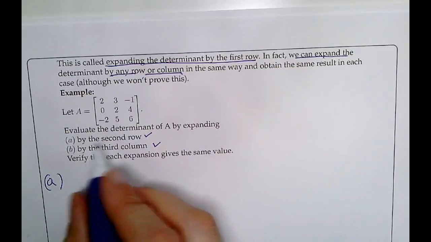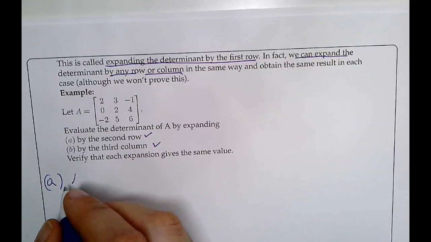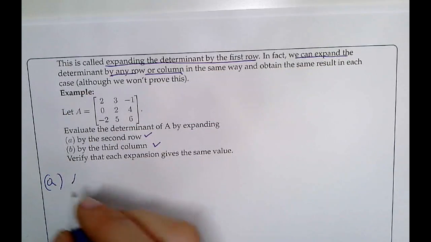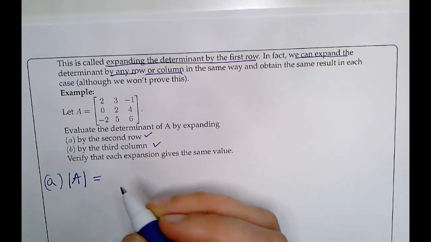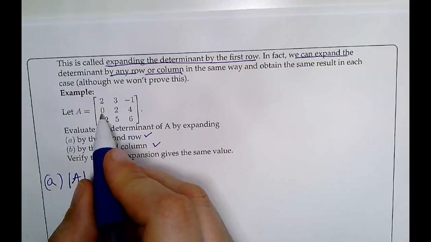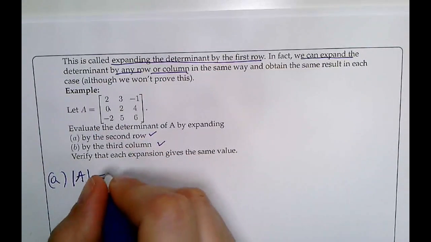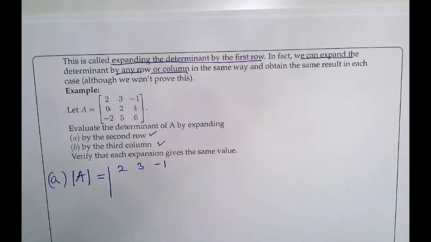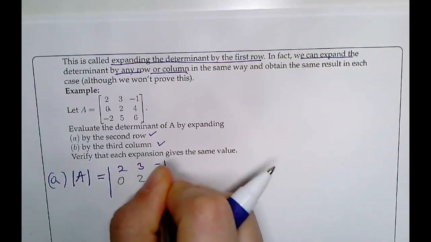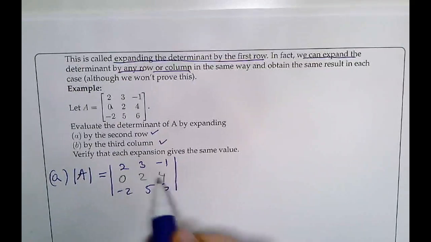So the determinant of A expanded by the second row. Let me put it here again, and I'm going to put this in pencil. 0, 2, 4, and then negative 2, 5, 6. So I'm expanding by the second row.